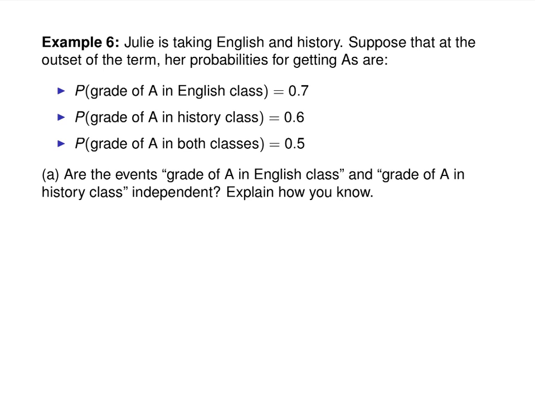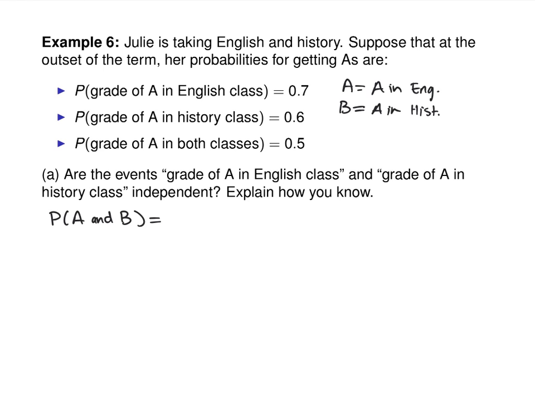What would you use? P of A. Uh-huh. B. P of A and B. Okay, so let's say that event A is A in English. Event B is A in history. So did the problem tell you what P of A and B is? Yes.